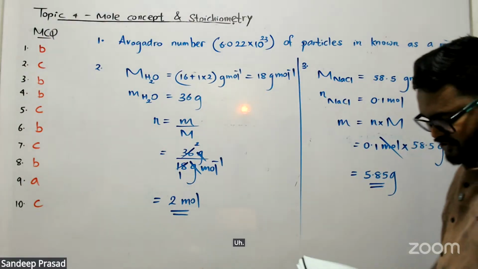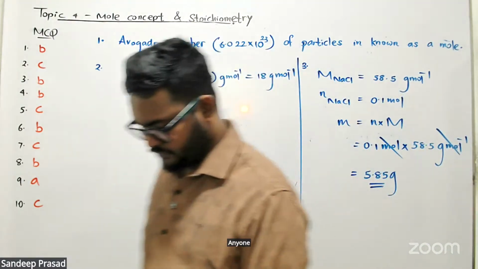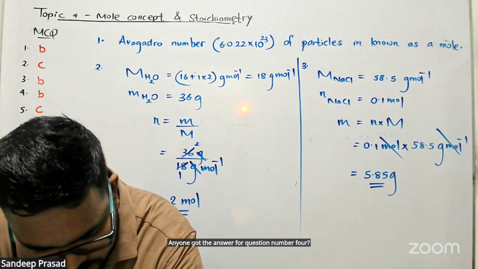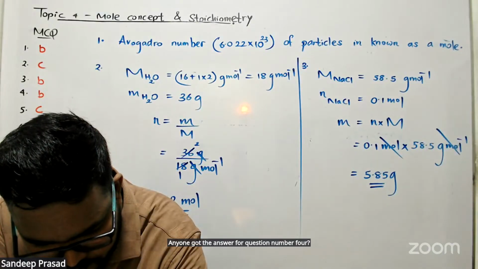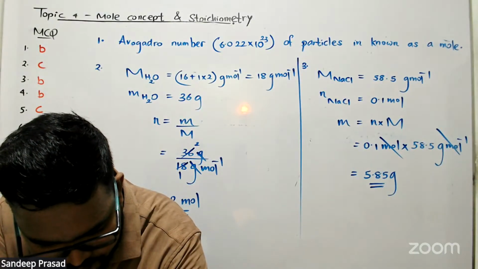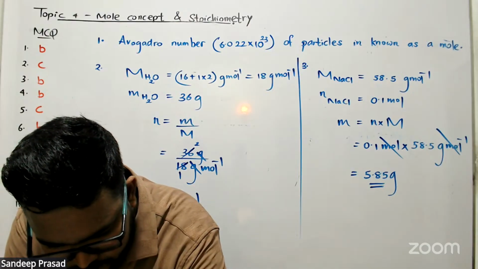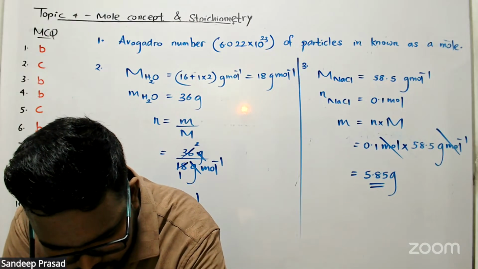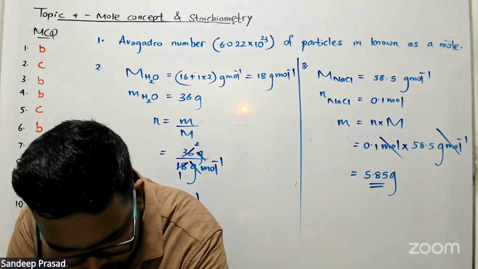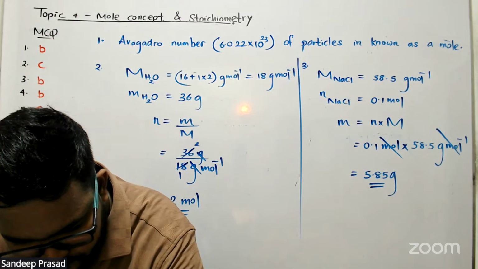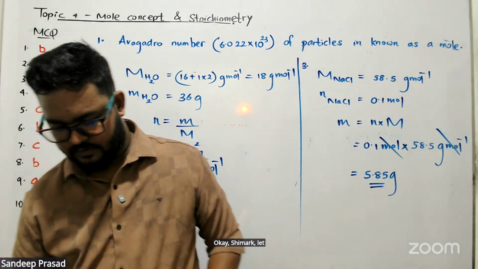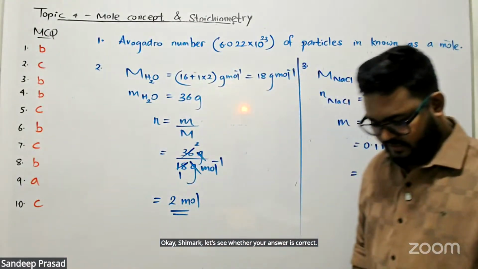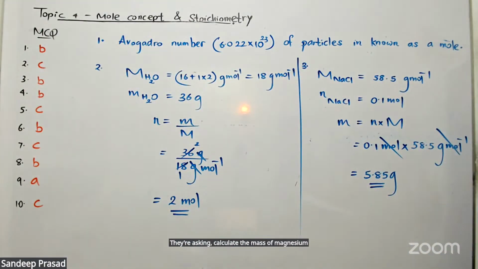What is the answer for question number 4? Anyone got the answer for question number 4? Okay, Shimak, let's see whether your answer is correct. They're asking to calculate the mass of magnesium oxide formed by 6 grams of magnesium.